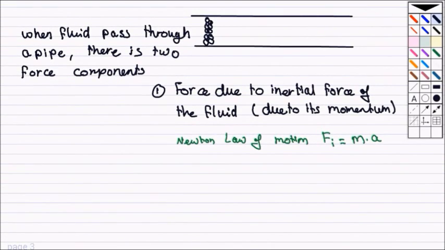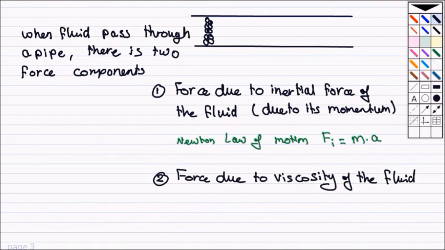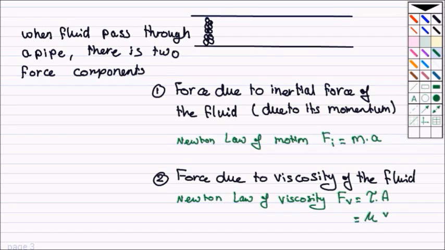The second force component is due to the viscosity of the fluid, and here we can also apply Newton's law of viscosity. Force equals tau, the shear stress, times area, or equals viscosity times dv by dl times L squared.